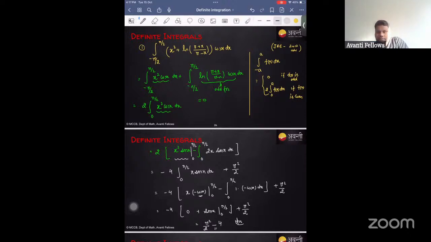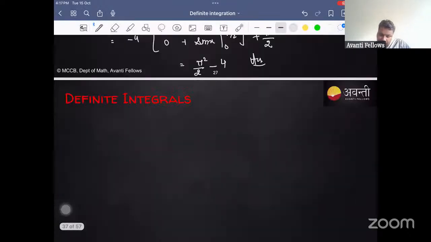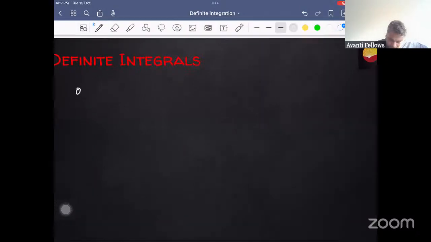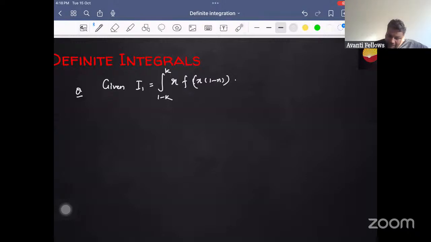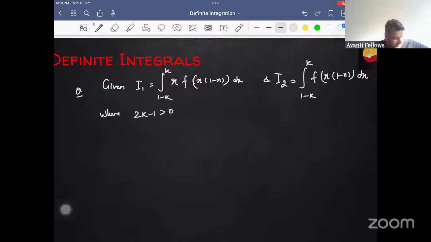Got it? Now let's go with another question. Given I1 is integration from 1 minus k to k of x f(x) into (1 minus x) dx, and I2 is integration from 1 minus k to k of f(x) into (1 minus x) dx, where 2k minus 1 is greater than 0.